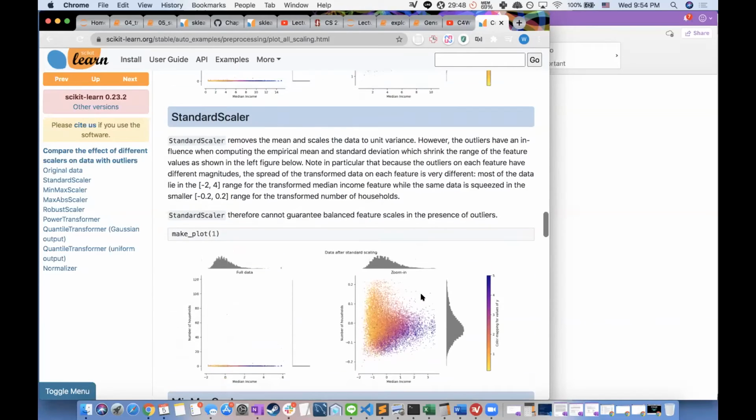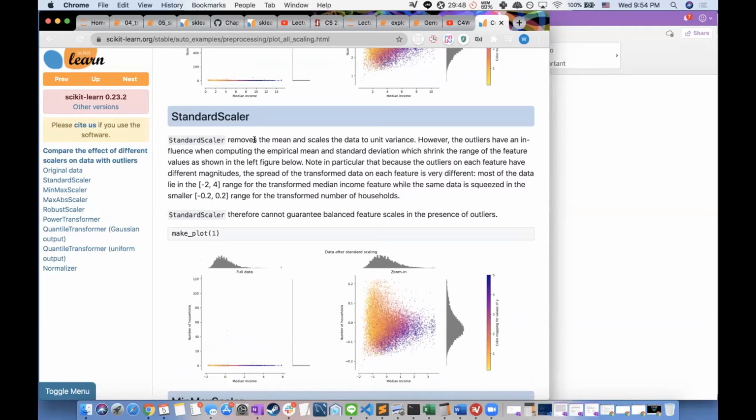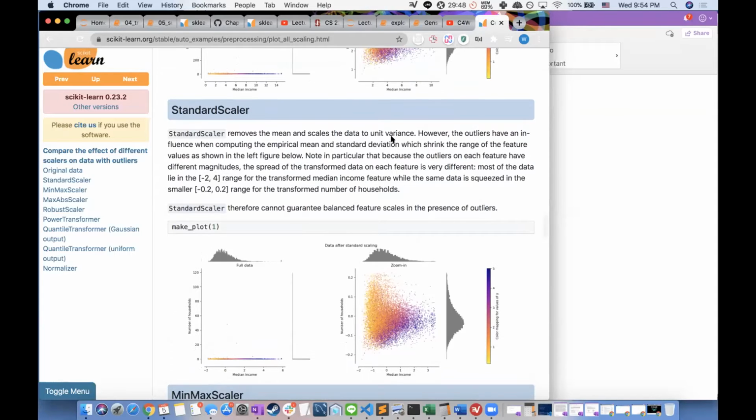And you can see the description too. StandardScaler removes the mean and scales the data to unit variance, which I think is just standard deviation 1. However, the outliers have an influence when computing the empirical mean and standard deviation when shrinking the range of feature values.